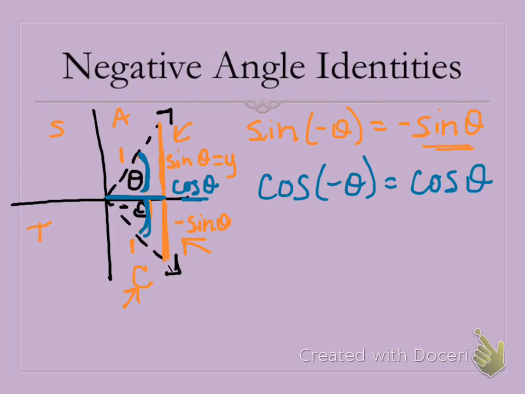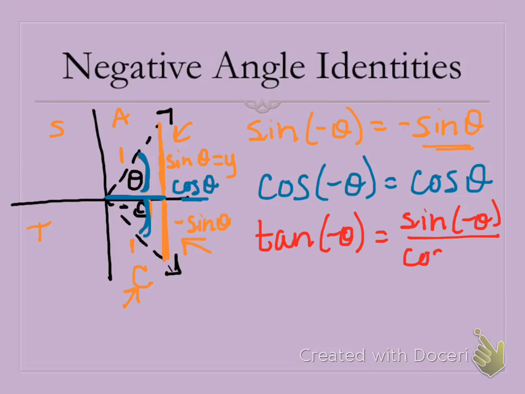And then thirdly, if we take a look at what happens with tangent, we can refer back to our tangent and cotangent identity, where tangent is equal to the sine over the cosine.